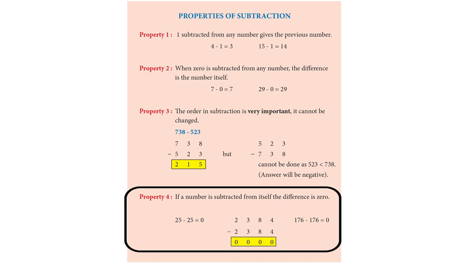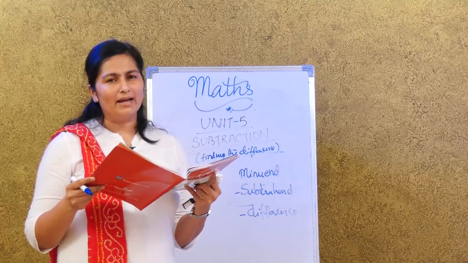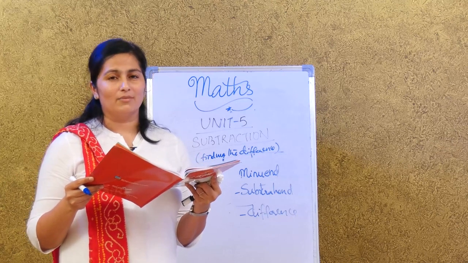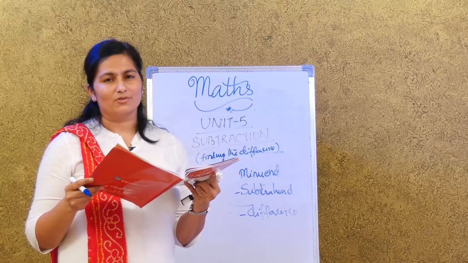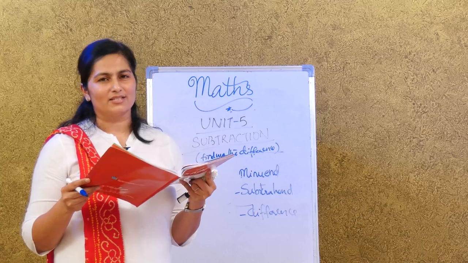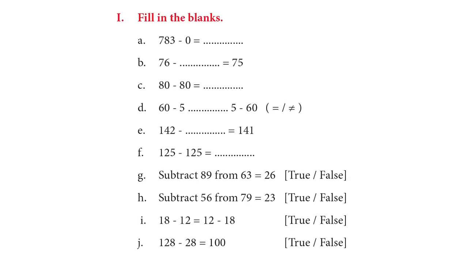If a number is subtracted from itself, the difference is 0. See, these last 2 points are very different from addition. When you add 2 numbers, you get a bigger number. But when you subtract 2 numbers, you get all zeros, depending on the number of digits used.